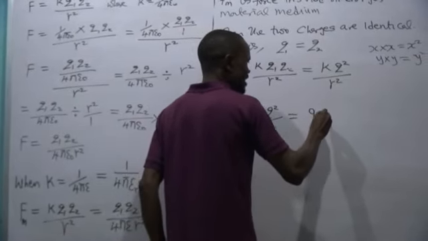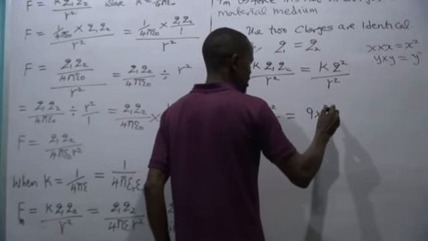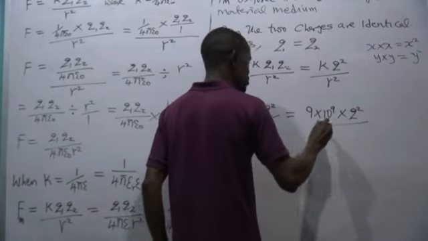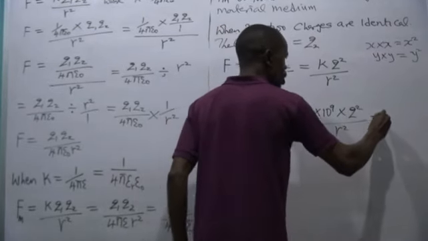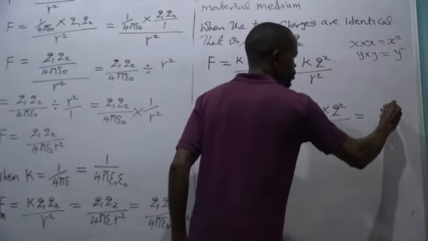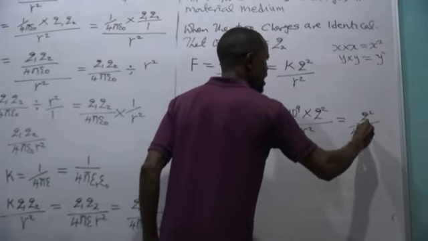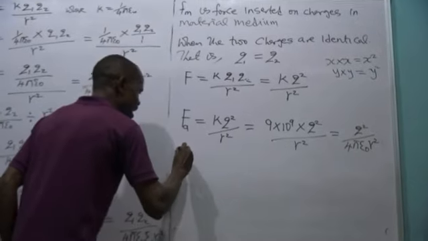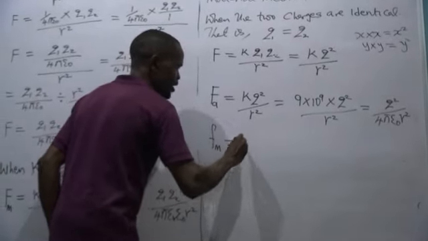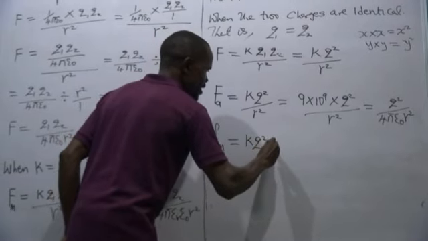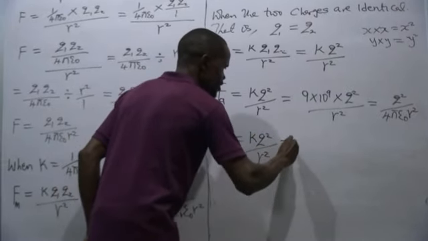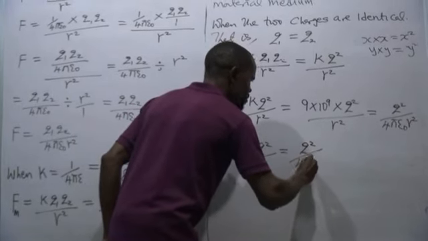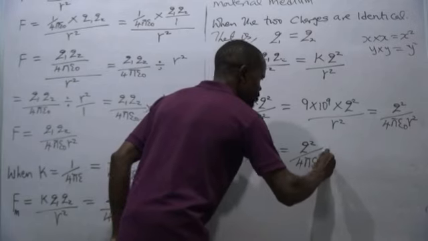9 times 10 raised to the power 9 times Q squared all over R squared, or Q squared all over 4 pi epsilon R squared. Then Fm is equal to K Q squared all over R squared, which is equal to what? Q squared all over 4 pi epsilon R squared.